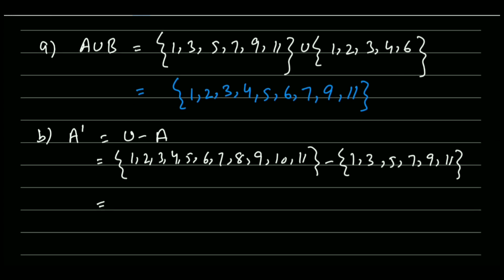All the elements that are in A we will subtract from universal set and write the remaining elements. 1 will be subtracted, 3, then 5, 7, 9, 11. So what are the remaining elements? 2, 4, 6, 8 and 10. So this is A complement.